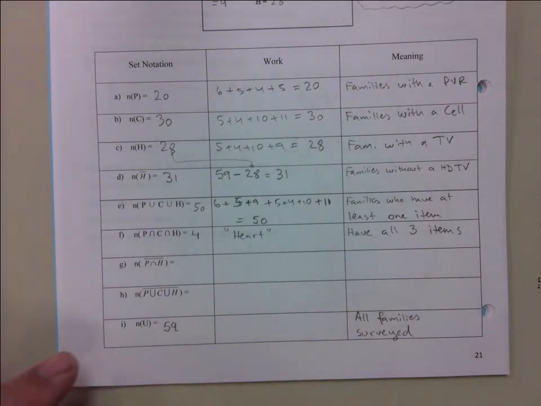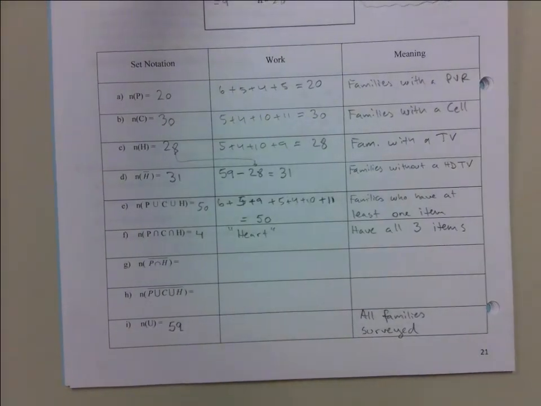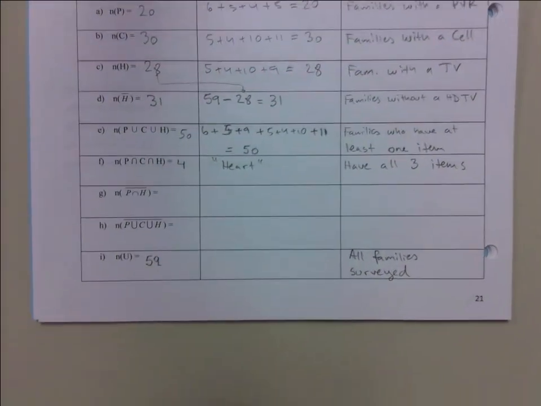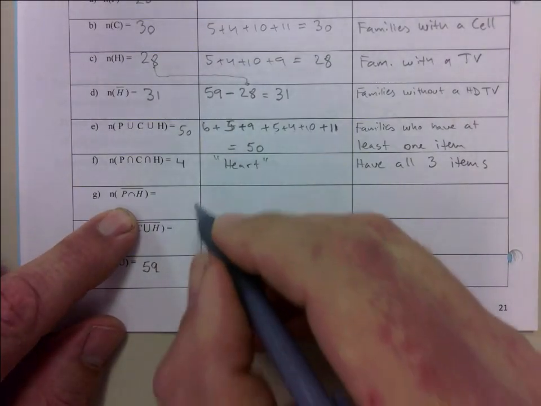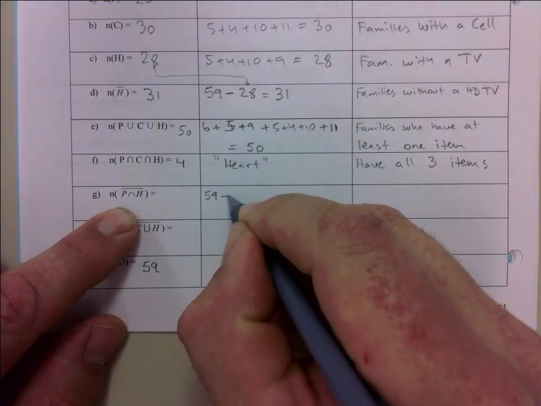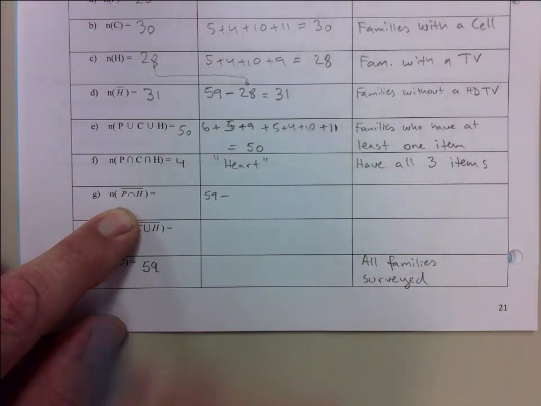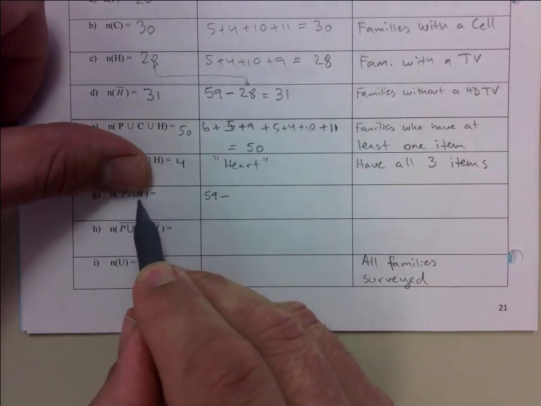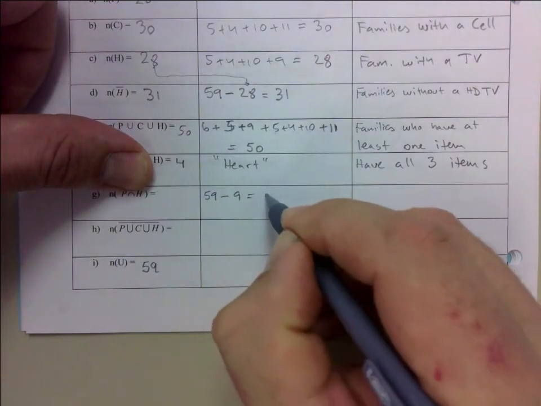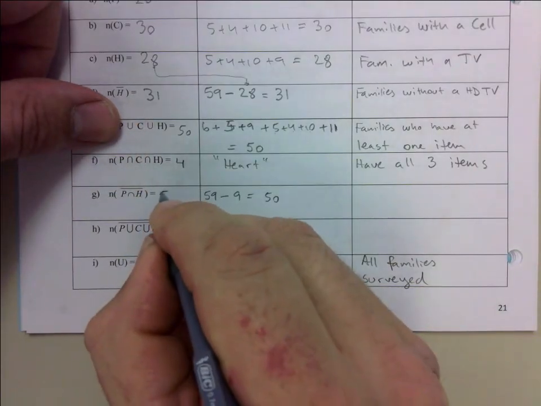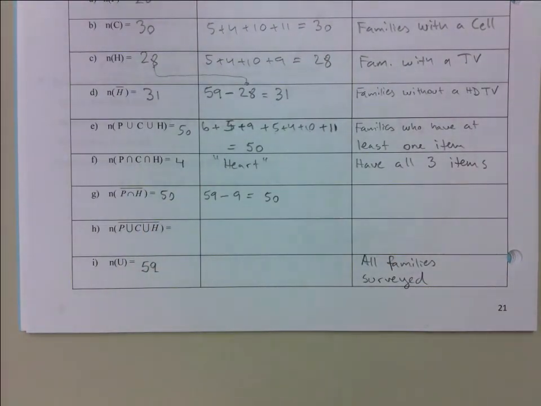What about G? Can you figure out what G is? I did P and H up there. We'll go 59 minus, what's P and H? Focus on P and H. It is 9, right? Up on our diagram. So you're going to go minus 9. So you're left with 50. So that's 50 right there.